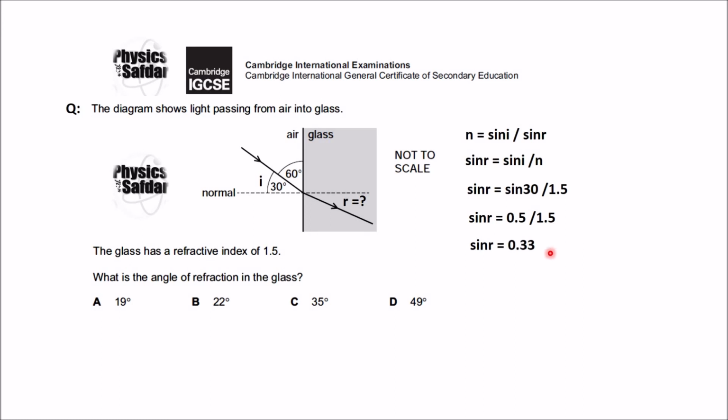Divide the numbers, then you get 0.33. Because we need to calculate the angle of refraction, we take the inverse of the sine function. We get sin inverse 0.33 and we get r equals 19 degrees. You can check your answer with the options. So option A is the right answer.